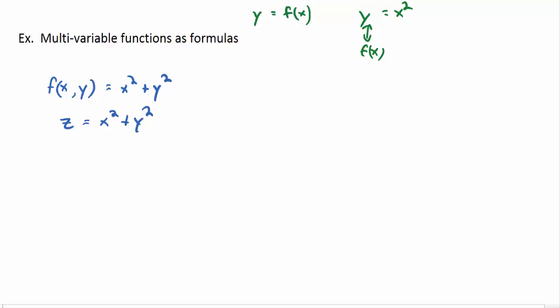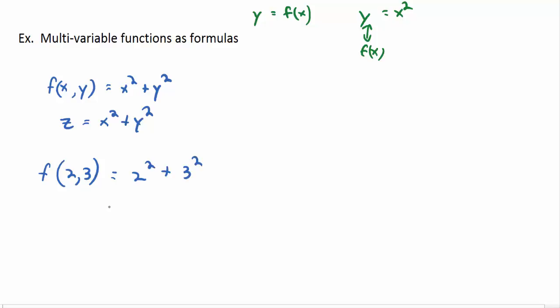For any particular values of x and y, you get a number, don't you? For instance, the extension of the usual function notation that you're used to applies here. So if I asked you to find f of 2, 3, how do you think you would do that? Plug in 2 for x and 3 for y.